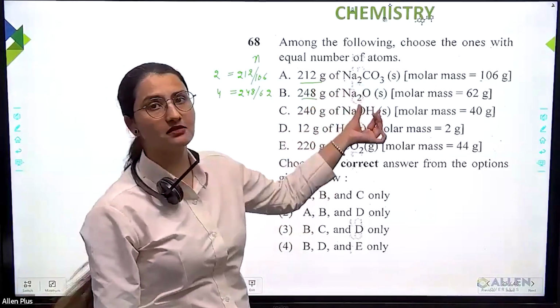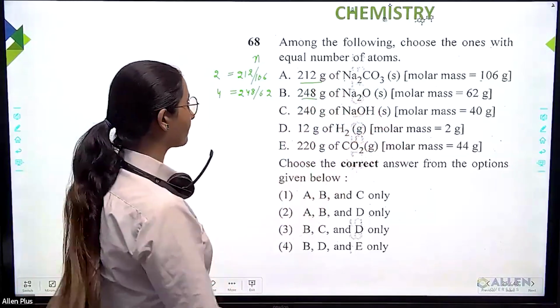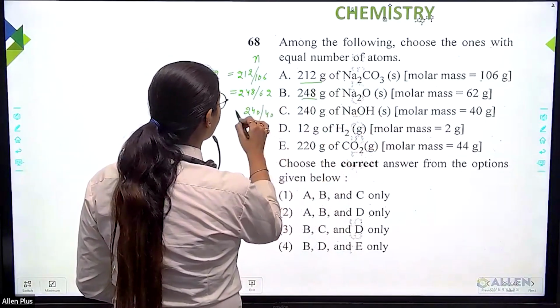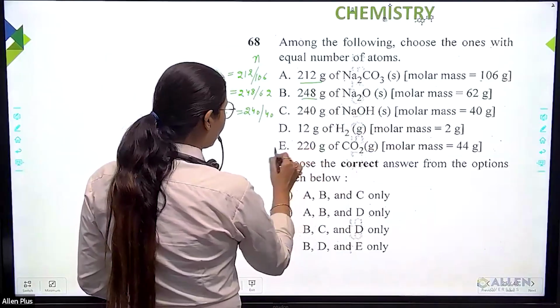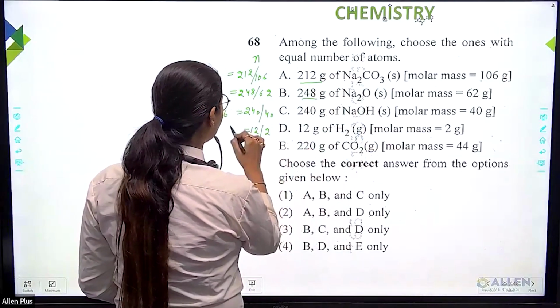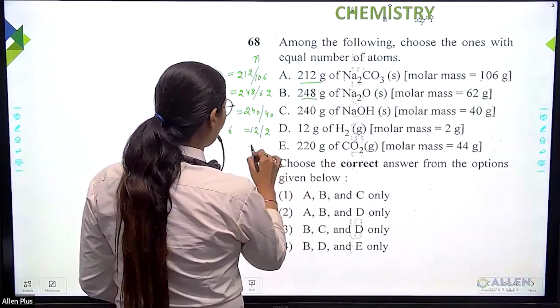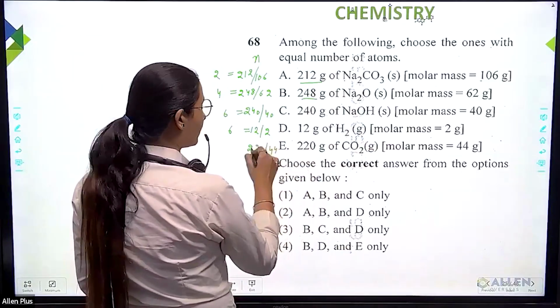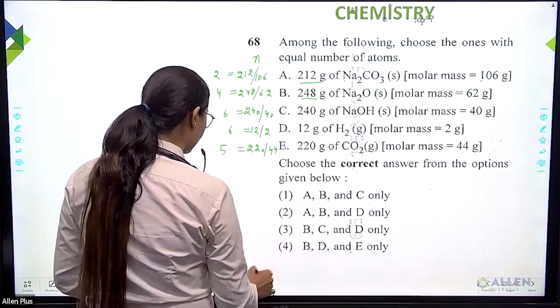Next, NaOH. If I find moles, 240 by 40. What is this? 6 moles. Next, D is what? Students, 12 by 2, which is 6 moles. Last is what? 220 by 44. So it's 10 by 2, 5 moles.